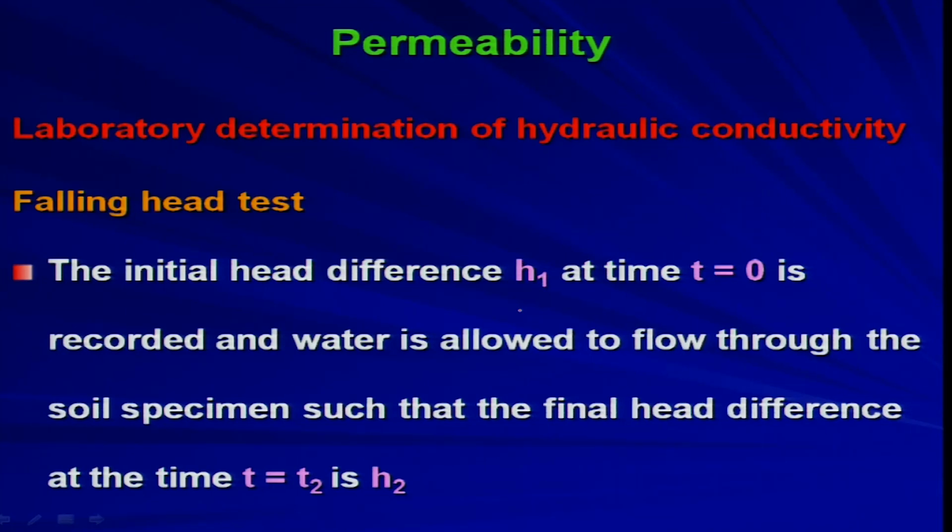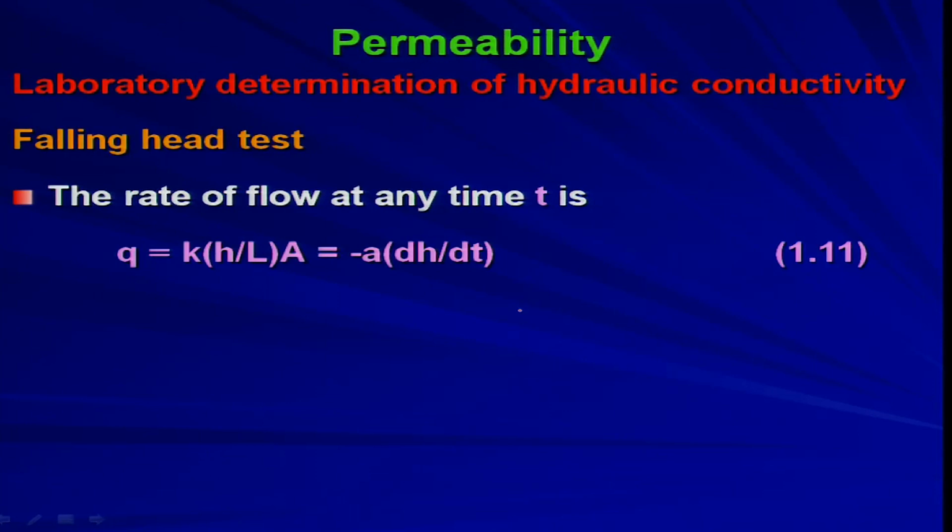Therefore, the rate of flow at any time t is small q equal to k into the hydraulic gradient, that is h by L, into A, that is k i, the velocity, into A, where i is nothing but h by L, which is equal to minus a, the cross section area of the standpipe, into dH dt.